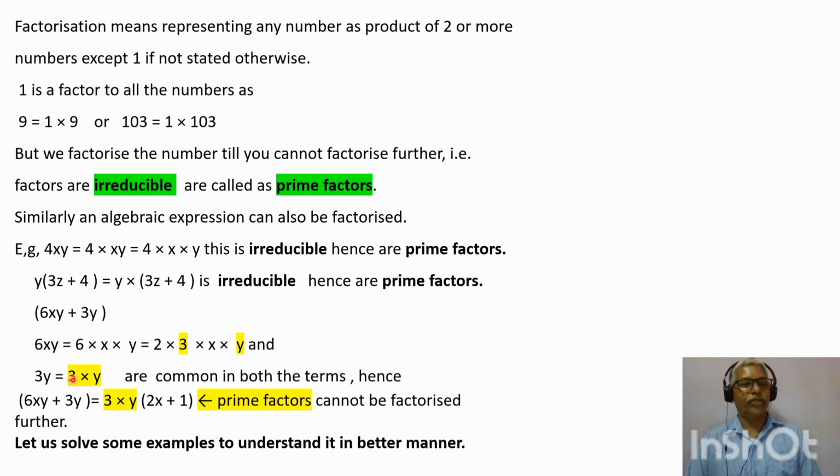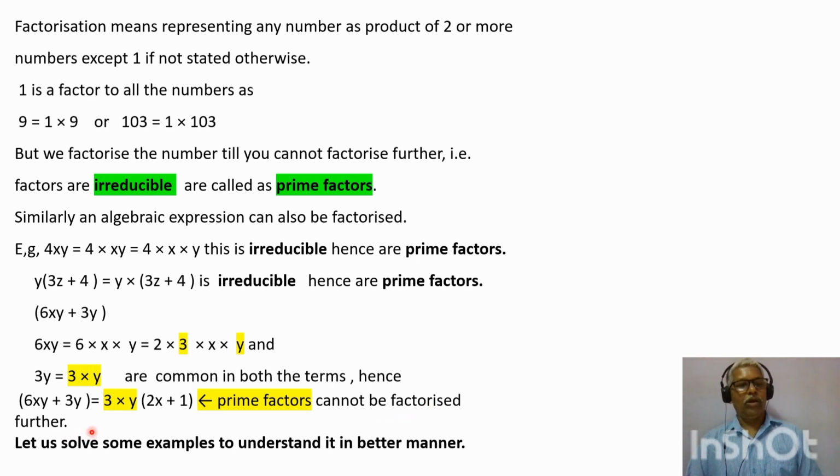So we see 3 into y, that is 3y, is common in both terms, hence 6xy plus 3y is equal to 3y taken common, and what remains is 2x plus 1. Now these are the irreducible factors, and hence they are prime factors and cannot be factorized further.